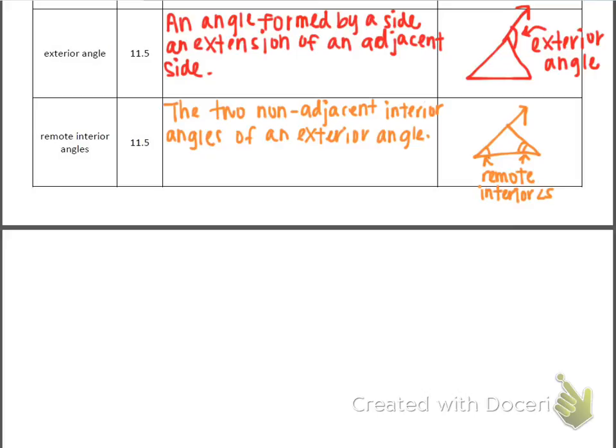So that guy and that guy. Does that make sense, guys? So the remote interiors are the angles on the opposite side of the triangle from the exterior angle, from wherever the extension is. Okay?